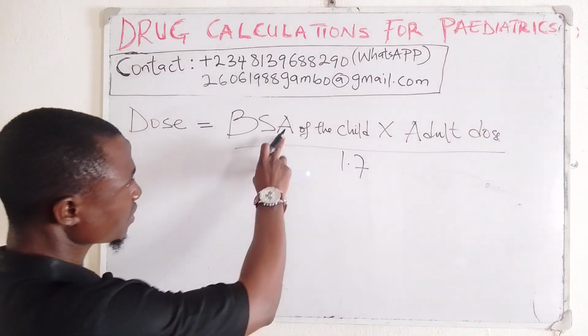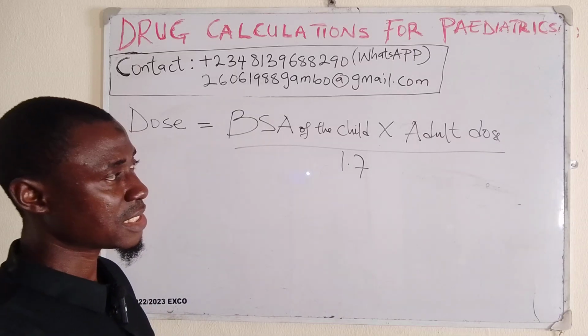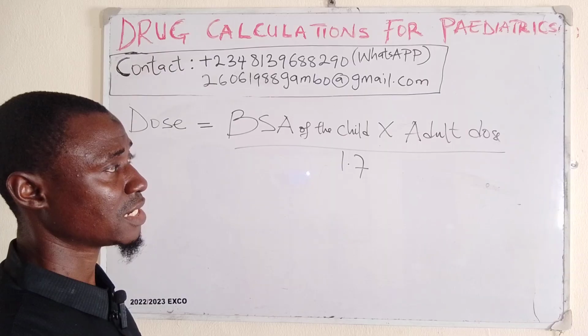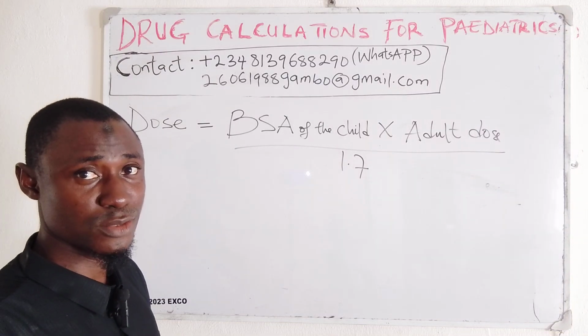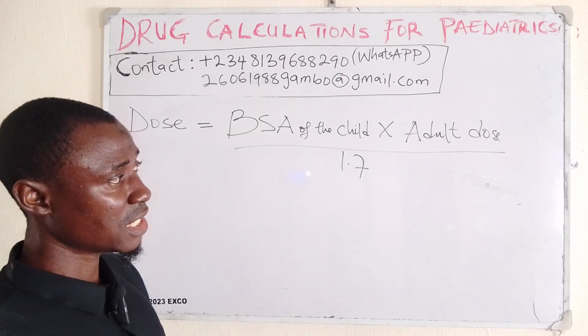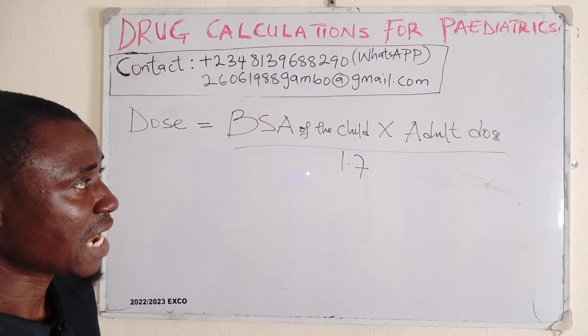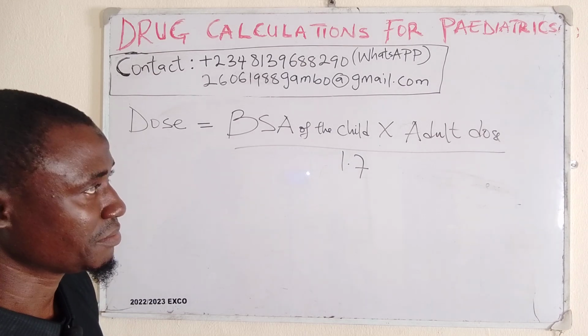Now, if you look at this formula, we have a term that has appeared severally in all of the rules or formulas that we have used to calculate drug dose. The adult dose seems to be appearing every time.